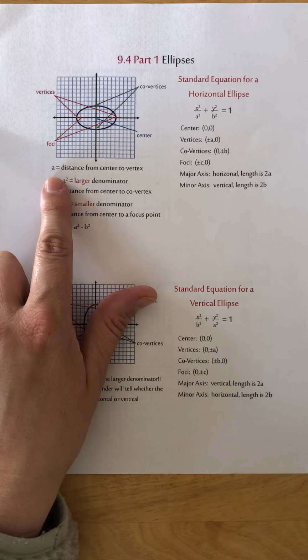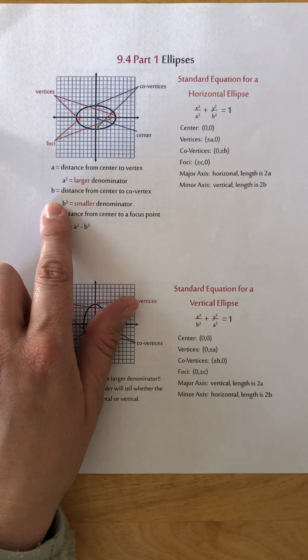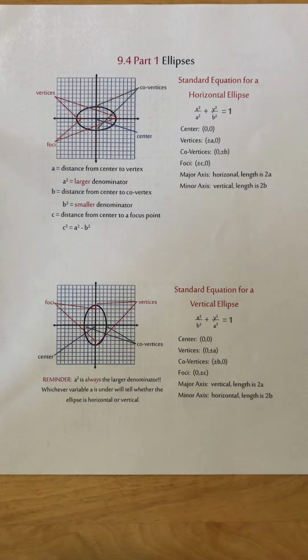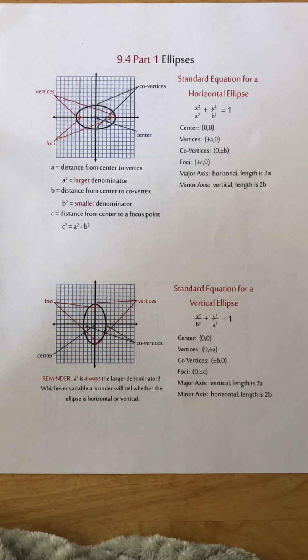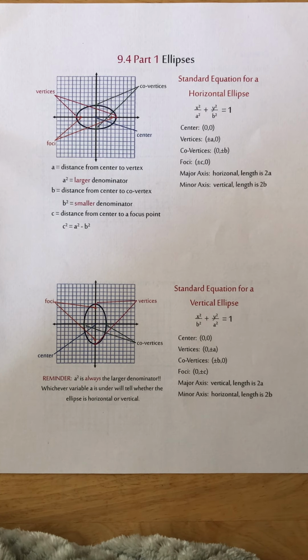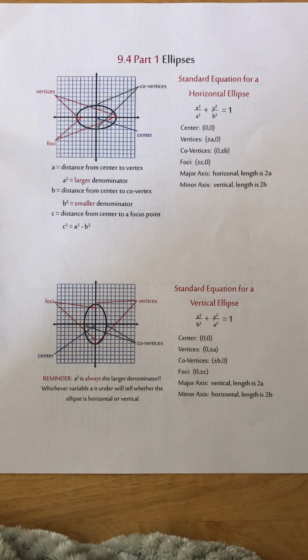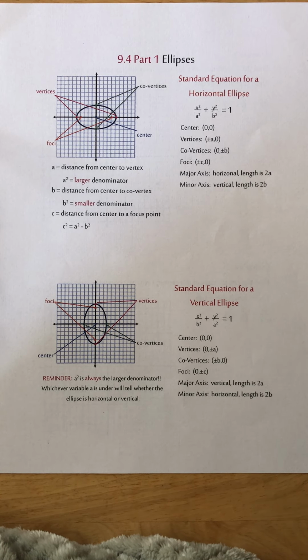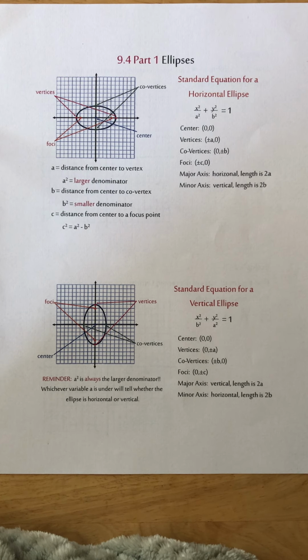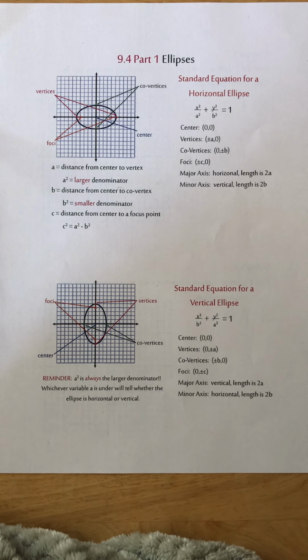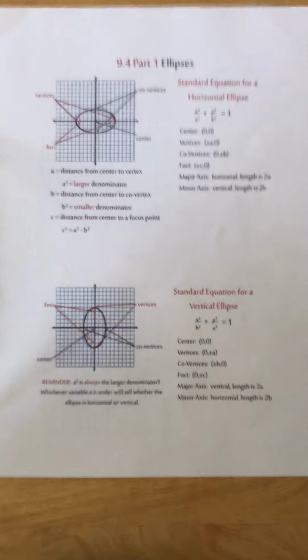So once you know the A and the B, we can find C. Now this is not the same thing as using the Pythagorean theorem. It is not the same formula at all. This one is A squared minus B squared equals C squared. Now let's talk about what A, B, and C actually represent. So when your A, we said the A is always bigger, right?